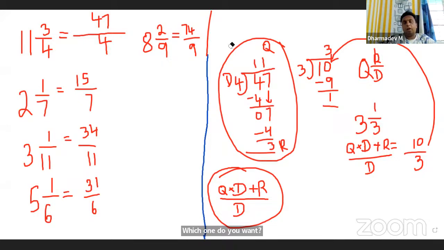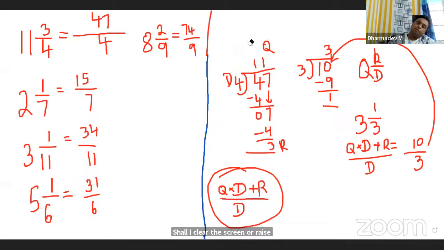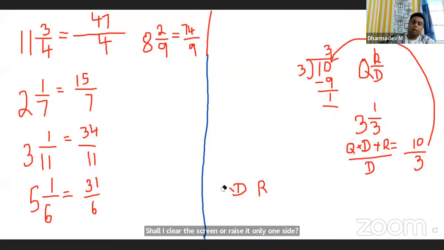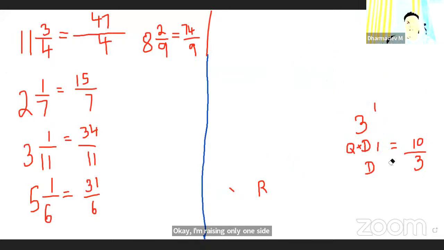Shall I clear the screen or erase only one side? Okay, I'm erasing only one side. Let the other questions stay, I think this is what is needed actually.